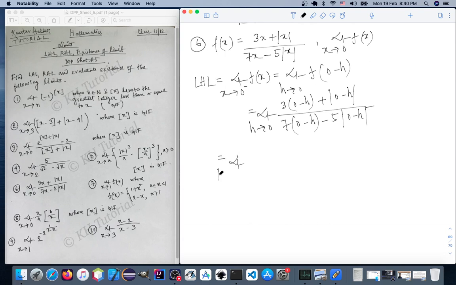This becomes h tending to 0, minus 3h plus mod of h is greater than 0, mod of minus h is greater than 0. This implies minus h less than 0.